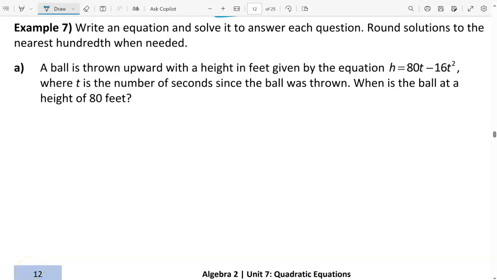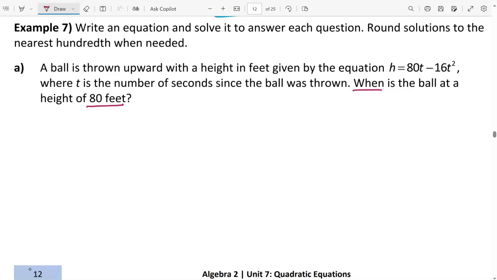The next few examples, we're going to be working some word problems, and in some cases, the solutions may need to be rounded, so we may use our calculator. A ball is thrown upward with a height in feet given by the equation h is equal to 80t minus 16t squared, and t is the number of seconds since the ball was thrown. When is the ball at a height of 80 feet?